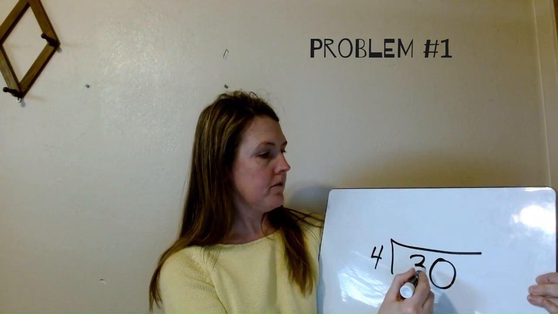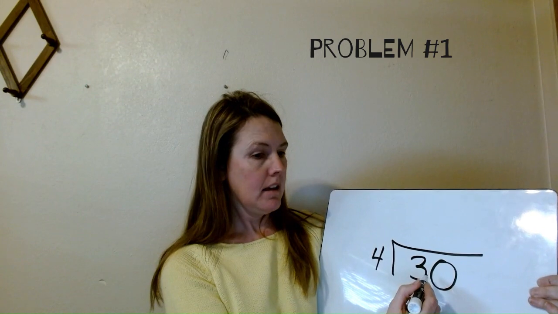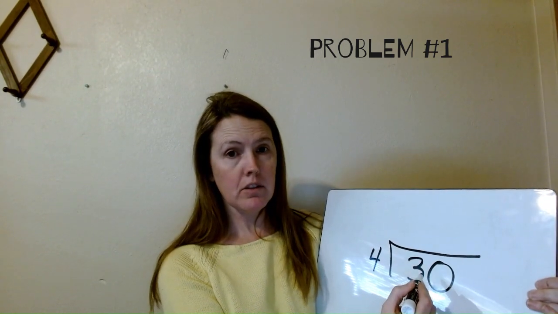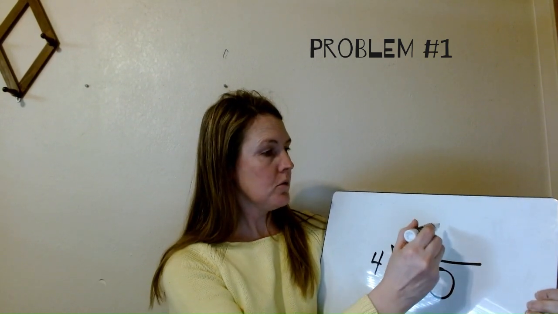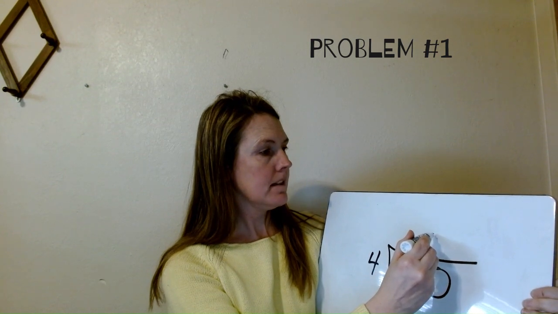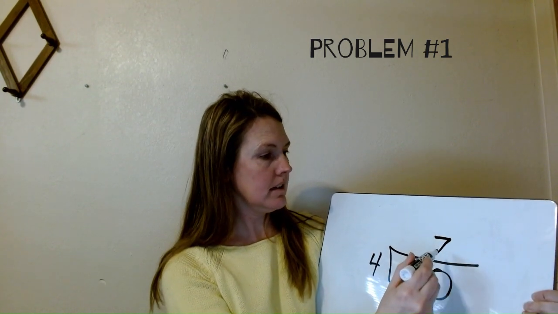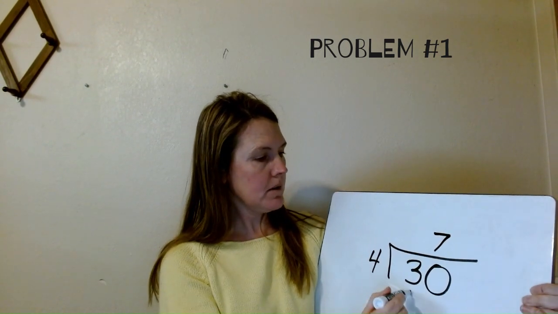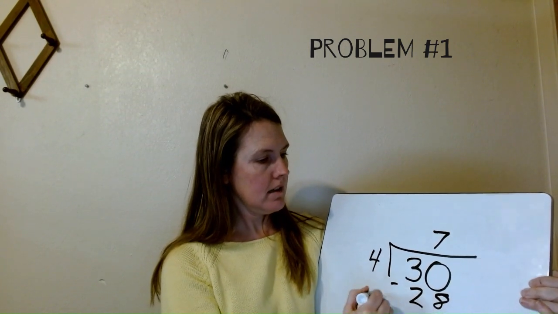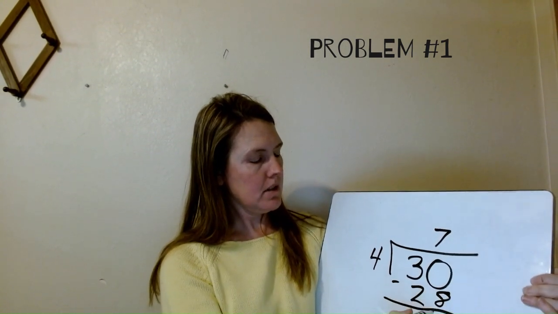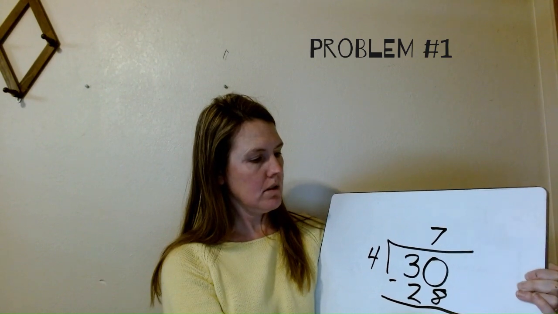So we know that 4 can't divide evenly into 30. So 4 times 7 is 28. Then we subtract and we get 2.